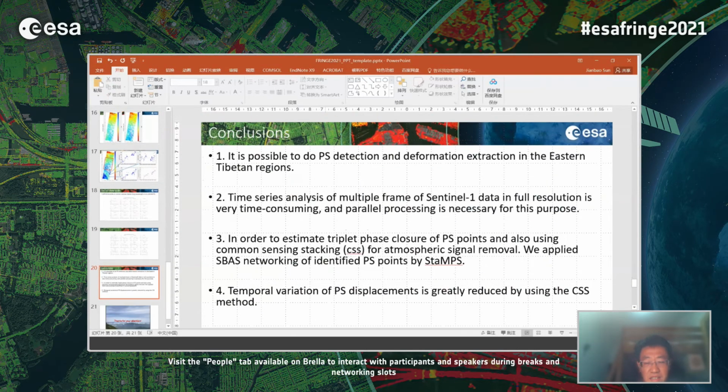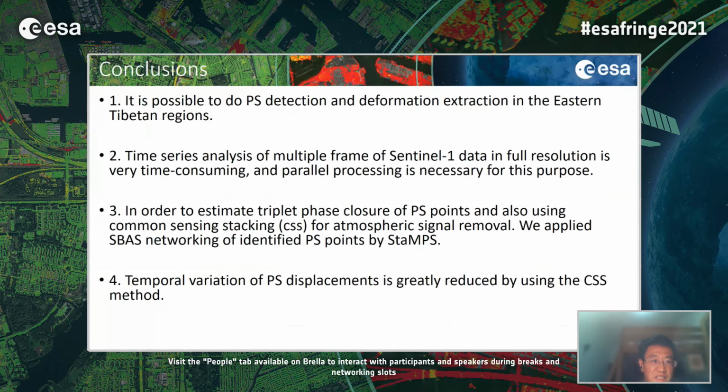Okay, sorry. This is the conclusion. I summarized: it is possible to do the PS detection and the deformation extraction using the PS method in Tibet Plateau regions. A time series with multiple frames of Sentinel-1 data in full resolution needs some parallel processing.